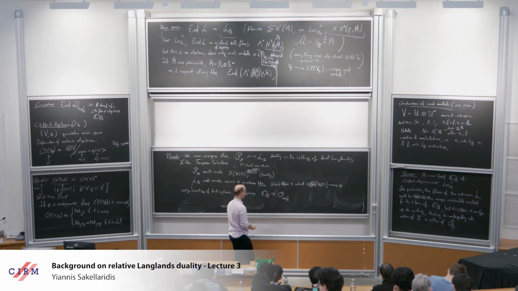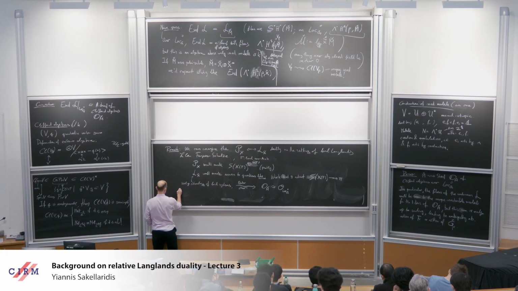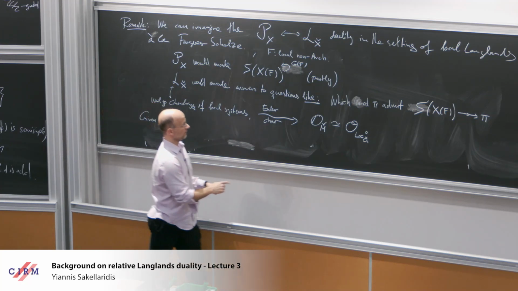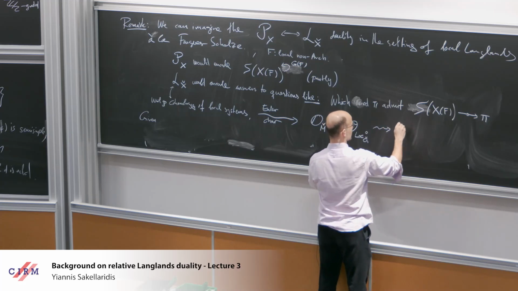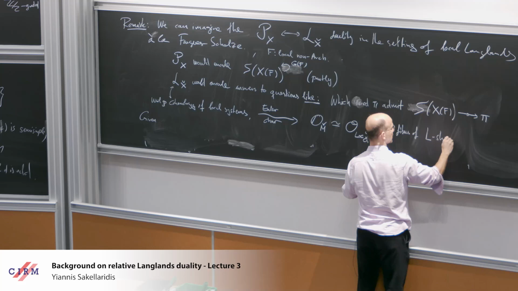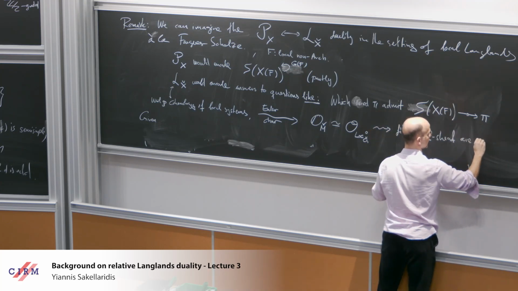So, given a Langlands parameter, what I said up to this point means that the fibers of the L-sheaf, even if we cannot define the L-sheaf, would be just lines.